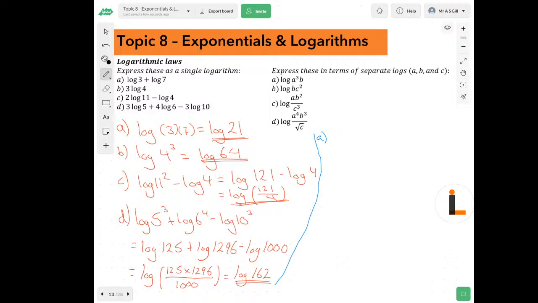And then let's start going through the question on the right hand side. So first we're going to split this up and separate out the multiple. Then bring this power down. We just want it in terms of log a, not log a cubed. So we get that.